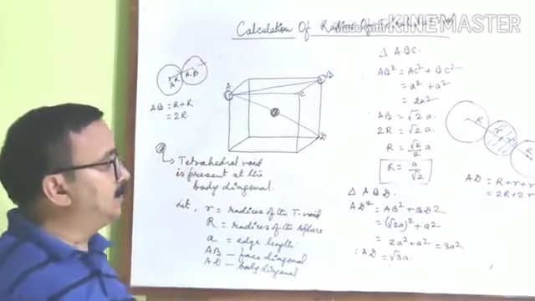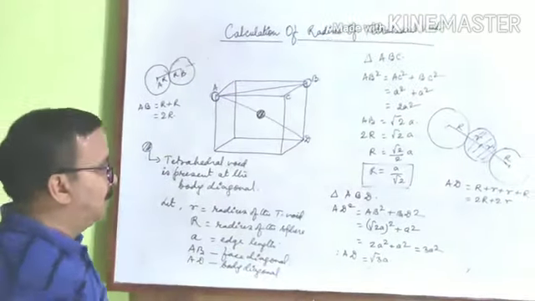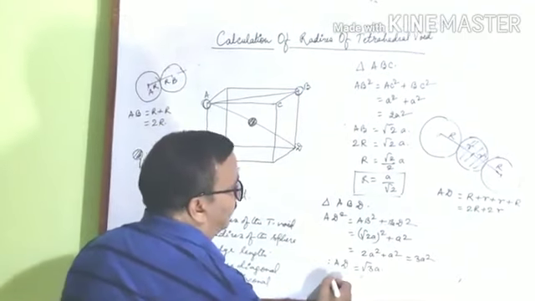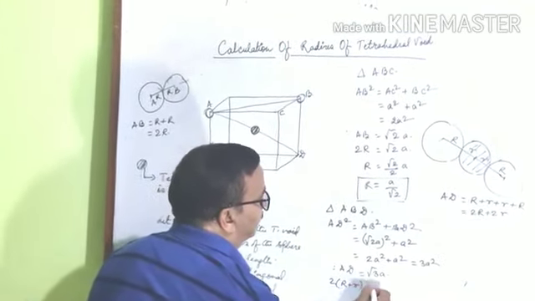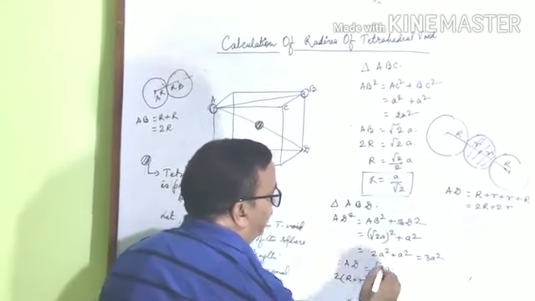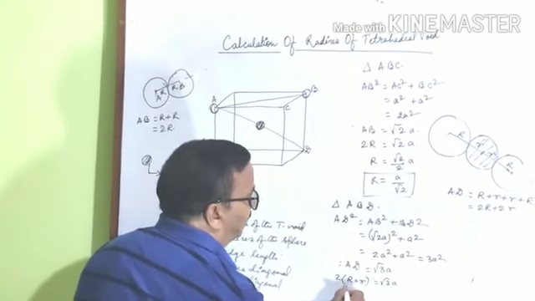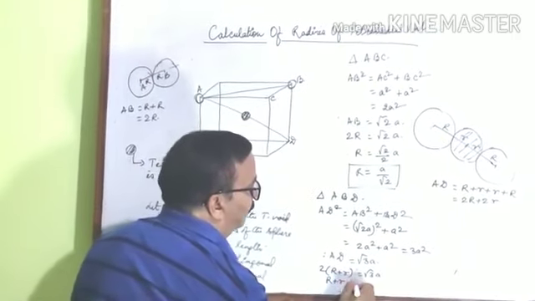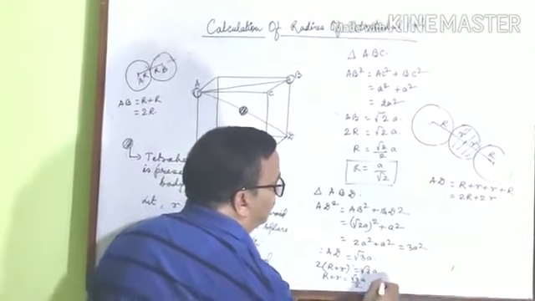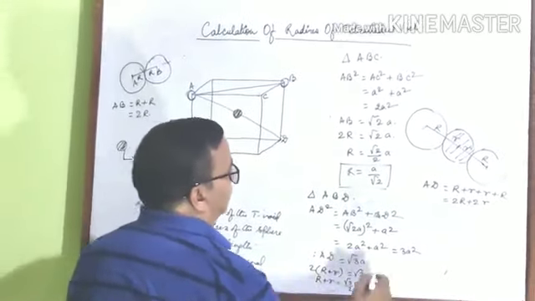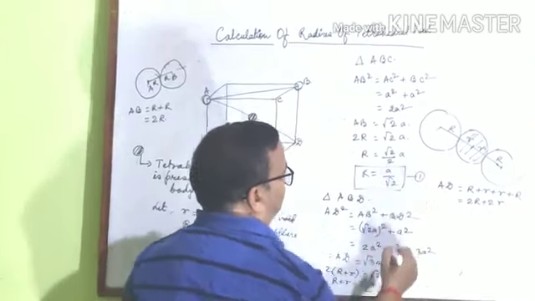Therefore we can write 2R plus 2r is equal to root 3 a, or R plus r is equal to root 3 a by 2. Suppose this is equation 2 and the earlier one is equation 1.